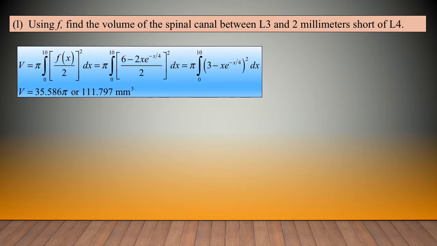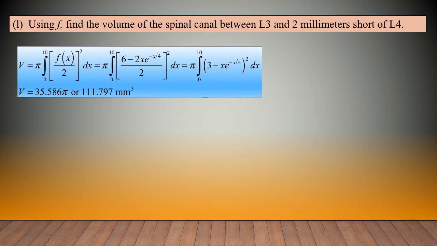As we saw in part F, this is a volume of rotation problem where the radius is the function divided by 2. So V will equal pi integral from 0 to 10 of f of x over 2 quantity squared dx via the disk method.